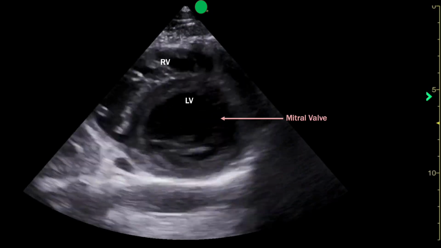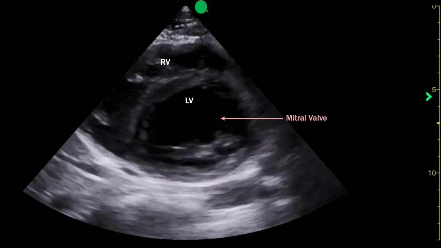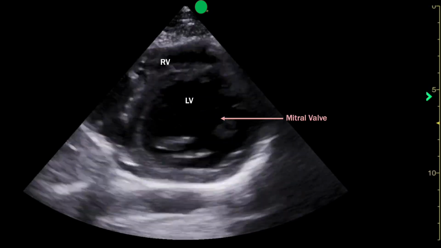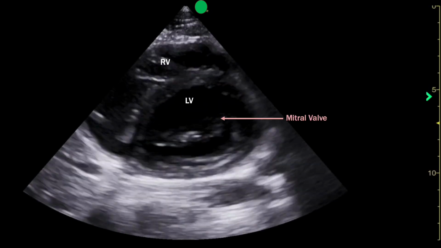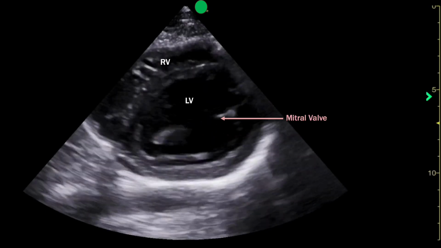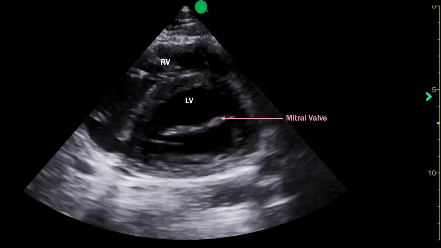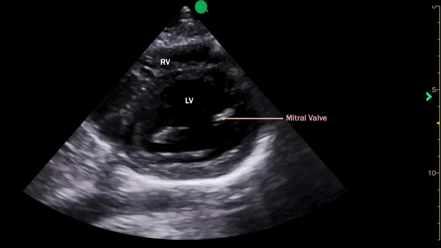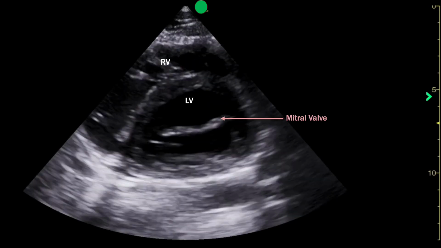So we can assess those to make sure that they're moving appropriately. Additionally, we can also assess for right ventricular and left ventricular size and function, just like we did in our previous papillary level. And we can also look for left ventricular regional wall motion abnormalities, as well as pericardial effusion.